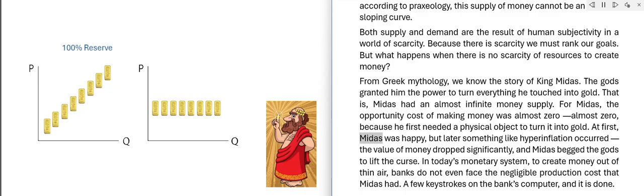At first, Midas was happy, but later something like hyperinflation occurred, the value of money dropped significantly, and Midas begged the gods to lift the curse. In today's monetary system, to create money out of thin air, banks do not even face the negligible production cost that Midas had. A few keystrokes on the bank's computer, and it is done.